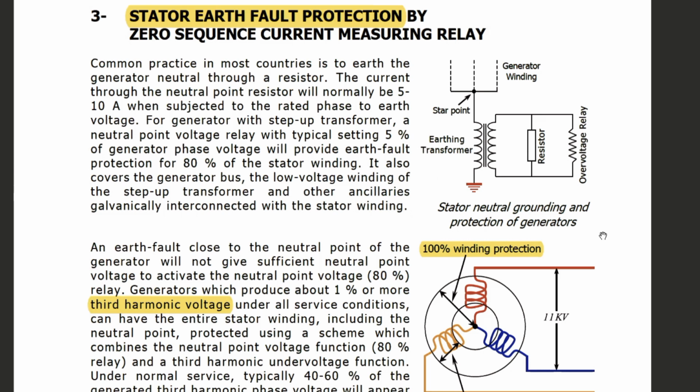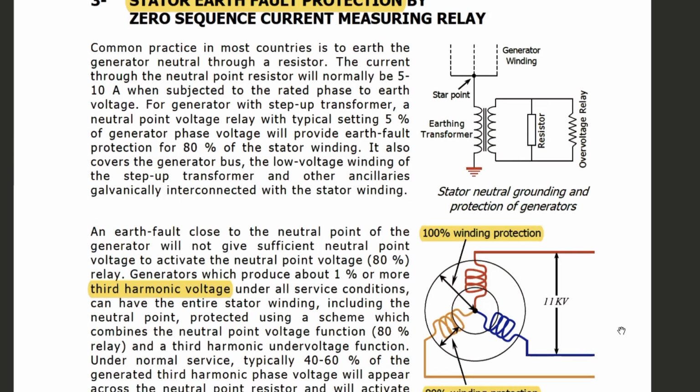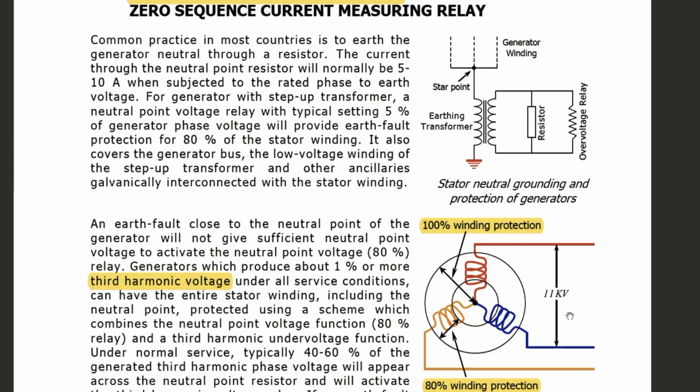But in this case, we have another set of protection relays. So we have two types of protections: 80% stator earth fault protection and 100% stator earth fault protection. So for example, these are the three phases, and I have drawn two circles.